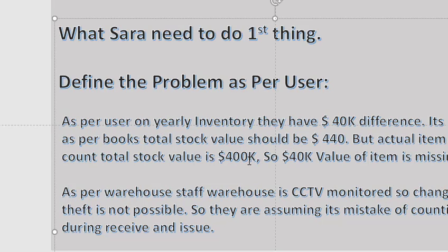As per the warehouse staff, the warehouse is CCTV monitored, so the chances of theft are not possible. So they are assuming it's a mistake in counting quantity during issue and receive.